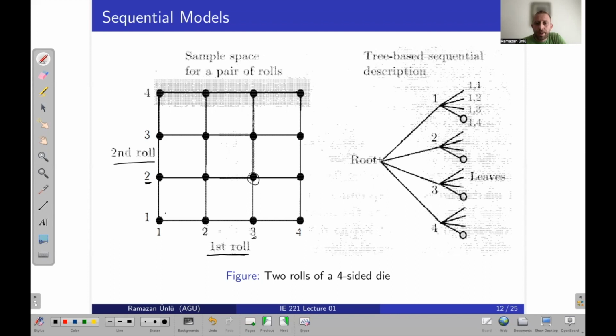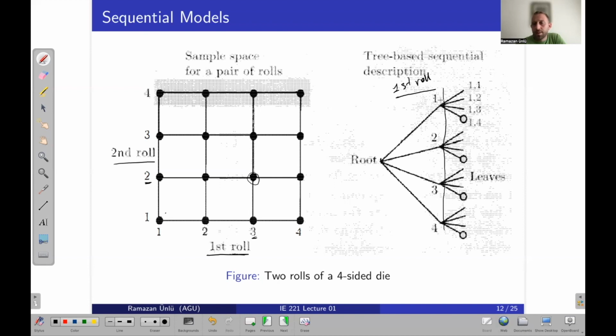This is my starting point, and this part is my first roll. Okay, so in my first roll I can get 4 different numbers, right? 1, 2, 3, and 4. So these are the possible outcomes of the first roll.